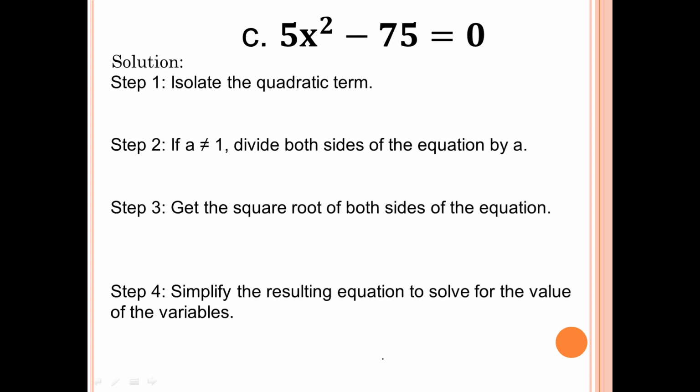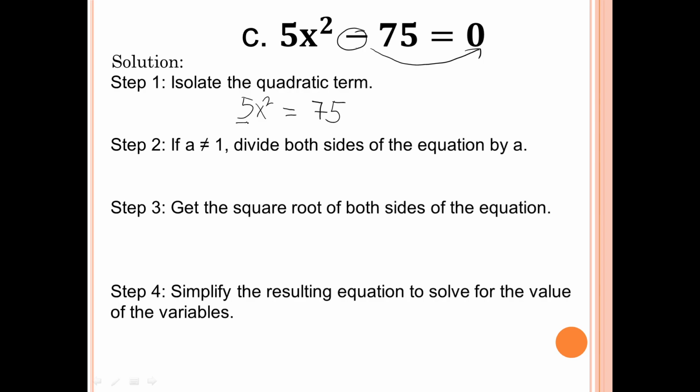So again, follow natin yung 4 steps. Step 1, so isa-isolate natin since hindi po ito naka-isolate. So ilipat natin yan siya sa kabila. So we have 5x squared equals, since negative po yan or minus sign, magiging positive.